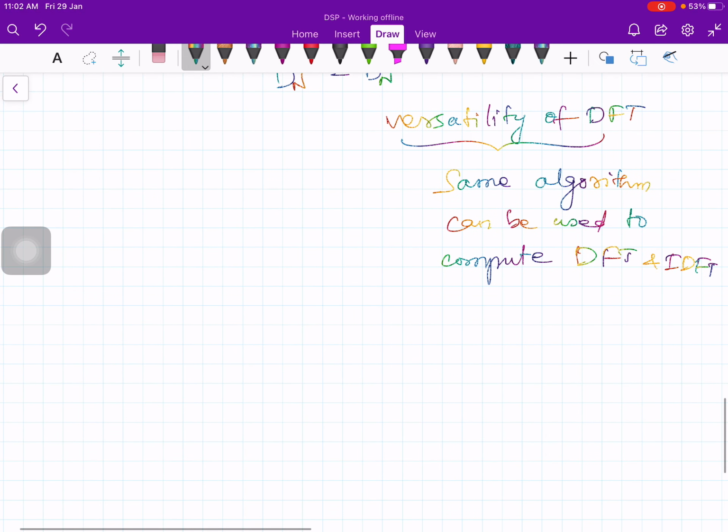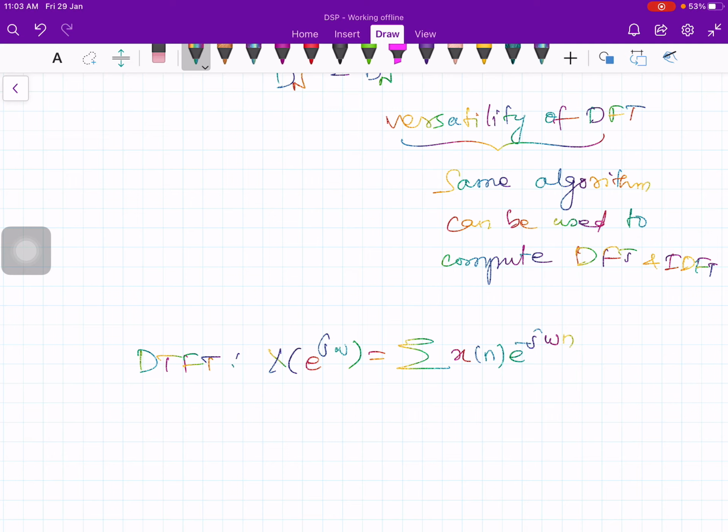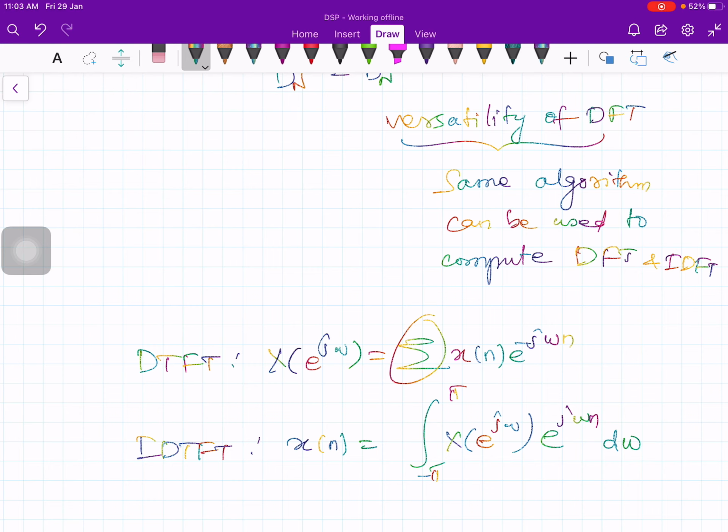Okay, so in DTFT, X of e to the j omega is equal to summation of x of n e to the minus j omega n. But for the inverse discrete time Fourier transform, what is the formula? x of n is equal to integral from minus pi to plus pi of X of e to the j omega e to the j omega n d omega. Here you have summation and here you have integration.